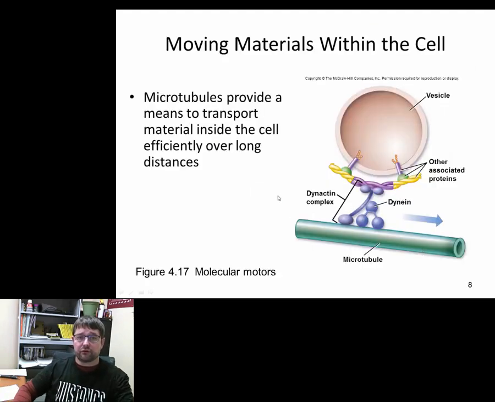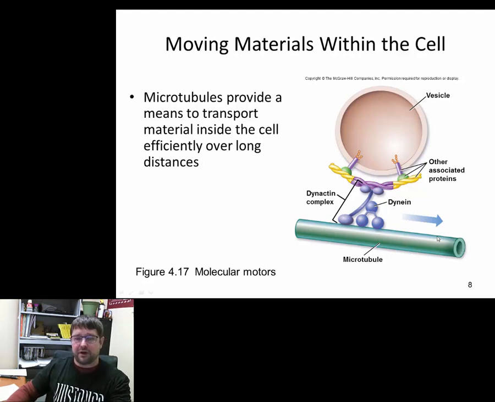So the microtubules have an important role with moving things. Remember when we were talking about the endoplasmic reticulum, the rough ER being the site of protein synthesis, and it's packaged in vesicles, and then it goes to the Golgi apparatus. Well, it travels along microtubules to get to the Golgi apparatus.